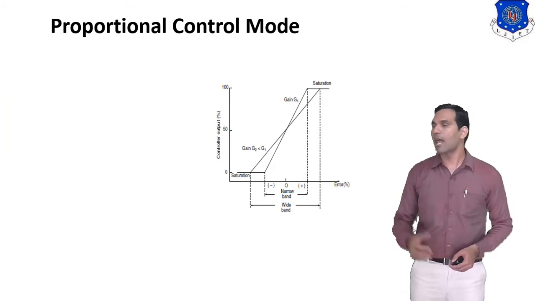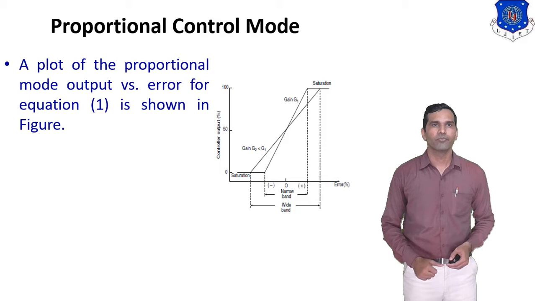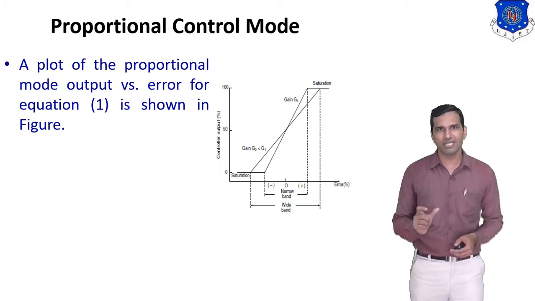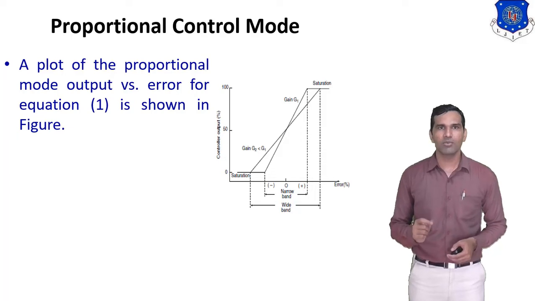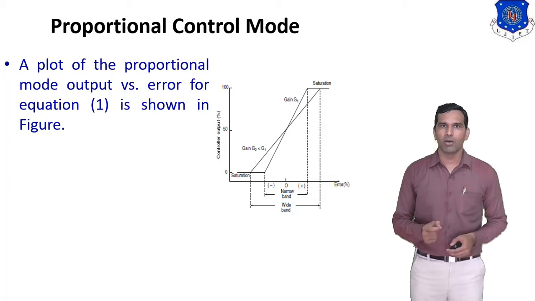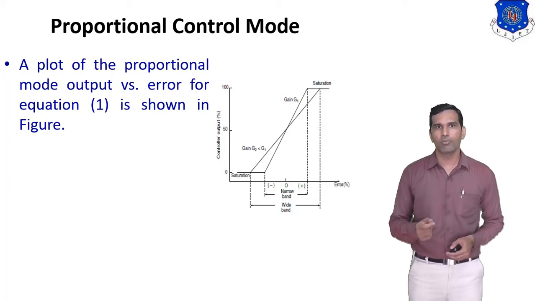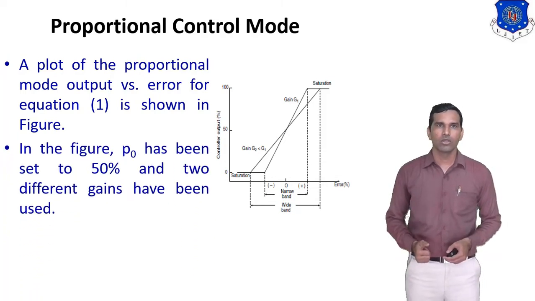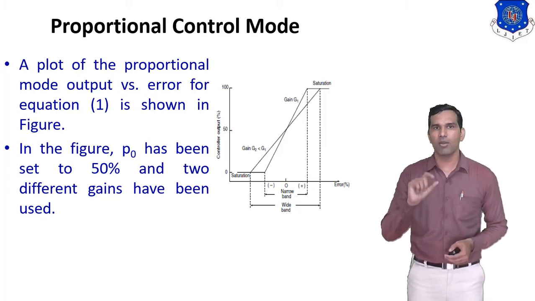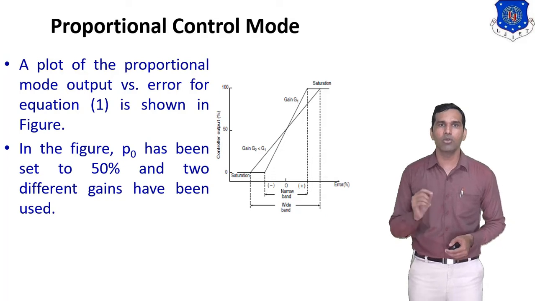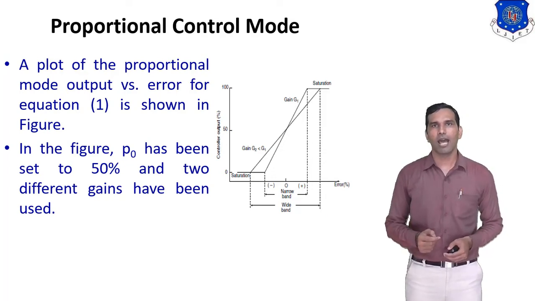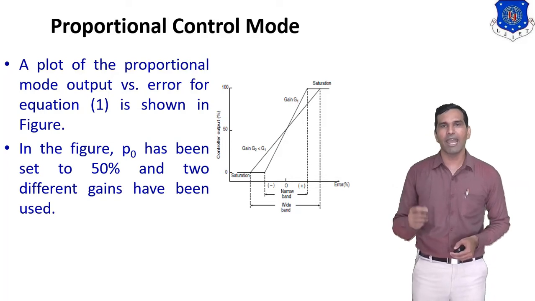Now we understand with the help of this figure. A plot of the proportional mode output versus error for equation 1 is shown in the figure. So here we plot one graph, the output versus the error. In this figure, P0 has been set to 50% and two different gains have been used, G1 and G2.